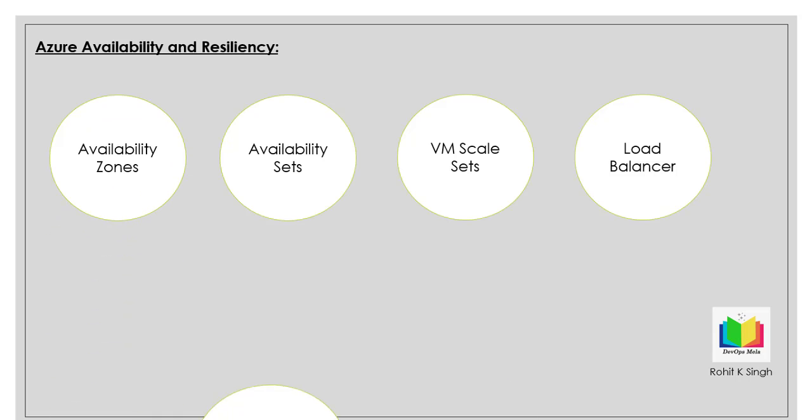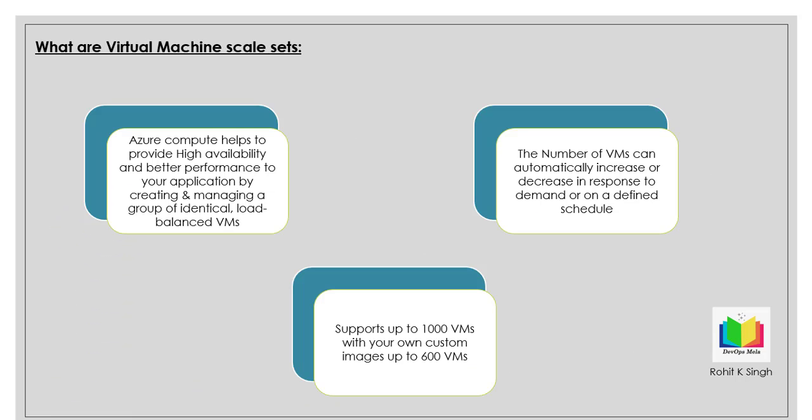Okay, a quick recap. Now what is virtual machine scale set? One more topic we did, load balancer. What exactly was load balancer all about? It's to balance the load.